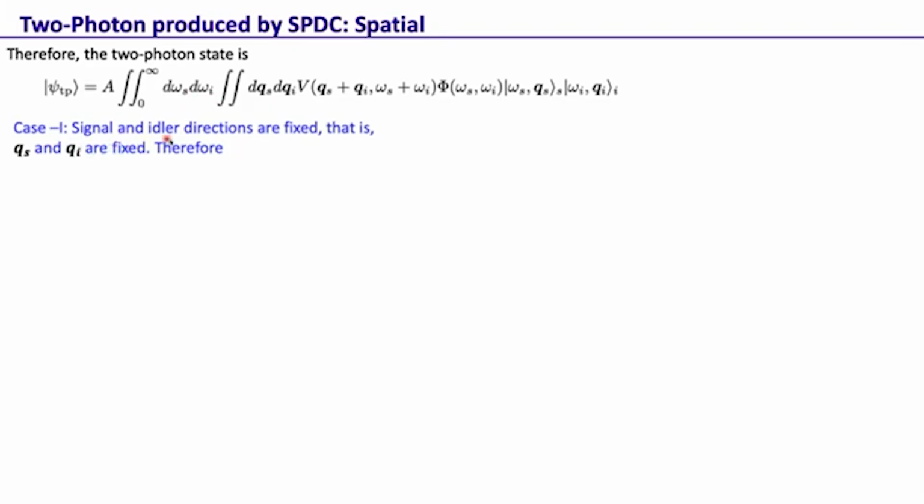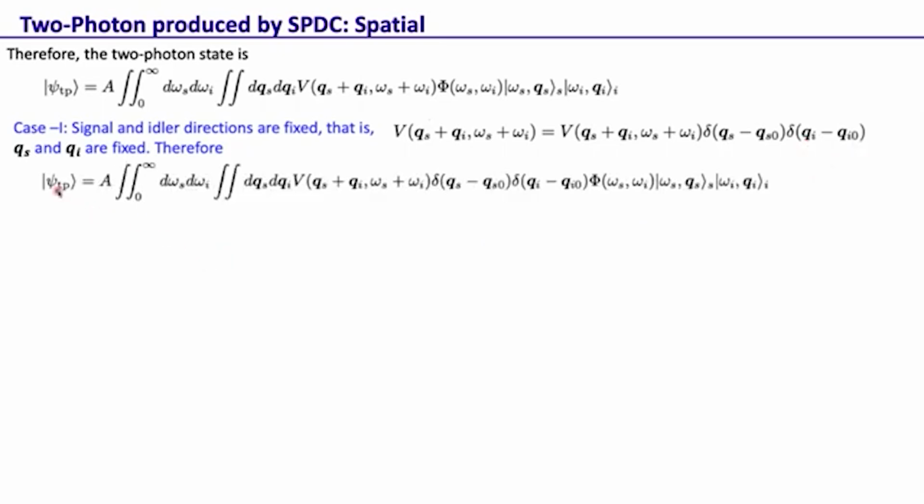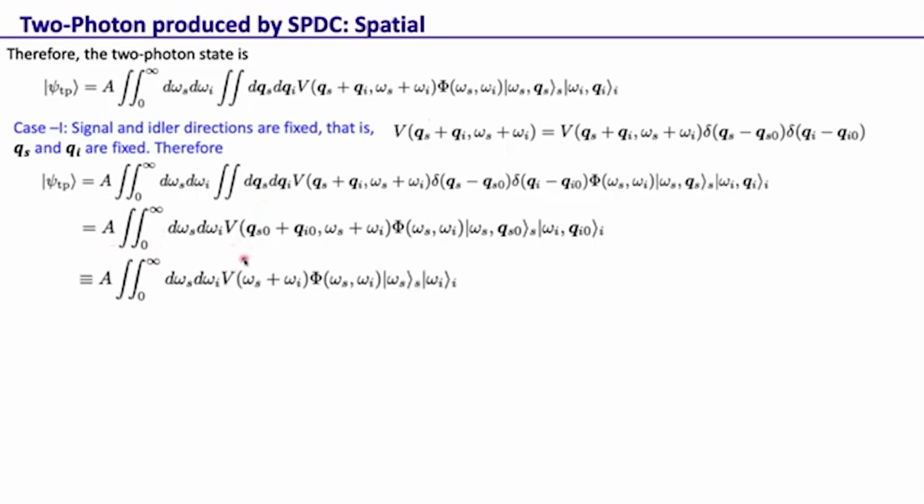The case one is when signal idler directions are fixed. So when qs and qi are fixed, in that case this v of qs plus qi, omega s plus omega i, takes this form in the sense that qs can only take one value, qs 0, qi can take only one value, qi 0, and therefore this two-photon state we can write as this with this delta function, and if we integrate that, then these two integrals go away and we can just have it as a frequency integral.